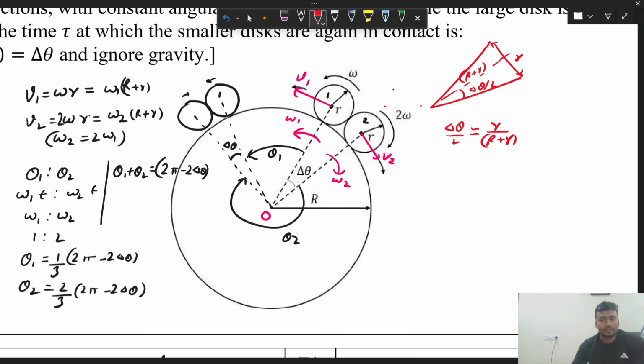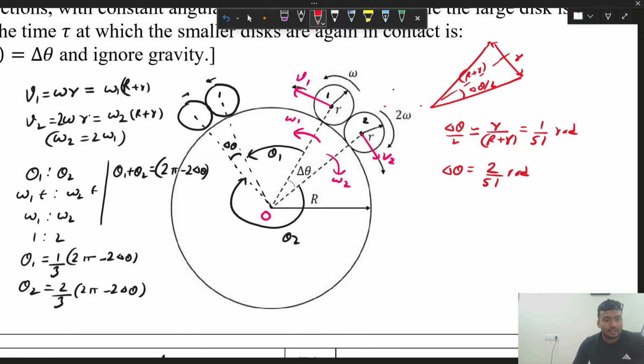As per the question, this small r is r by 50. Putting all the values, we get 1 by 51, and that is in radian. So delta theta will be 2 by 51 radian.